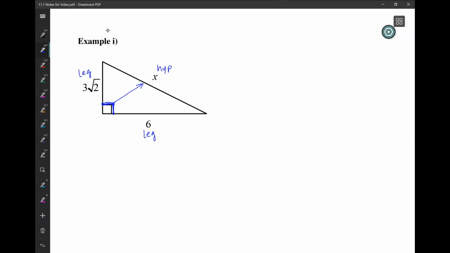When the side isn't labeled A, B, or C, it's really important to think about whether it's the hypotenuse or one of the legs. Let's write down our equation: leg squared plus leg squared equals hypotenuse squared.